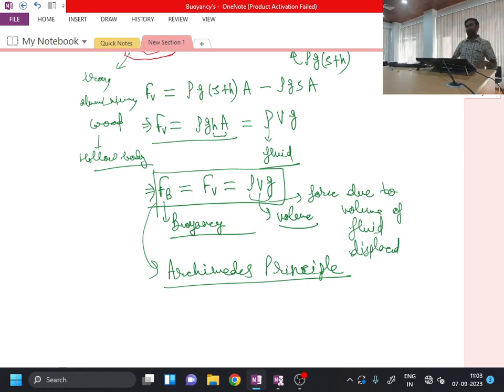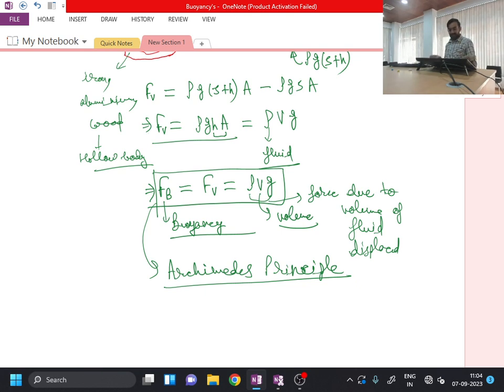For example, if I talk about the human body, we are also displacing atmospheric air. This entire atmosphere is filled with air. So if I am standing over here, I am displacing this air, and the volume of my body is taking the space of the air. It means that on me also there must be some buoyancy force acting in the vertical upward direction.